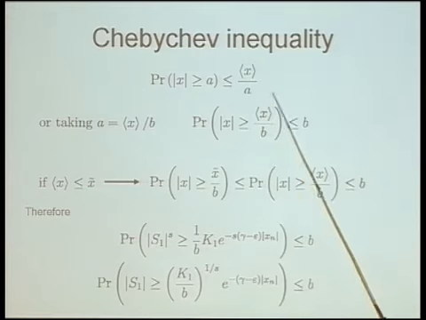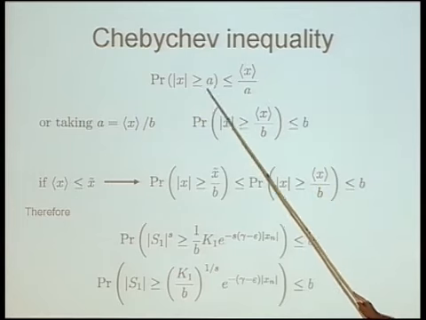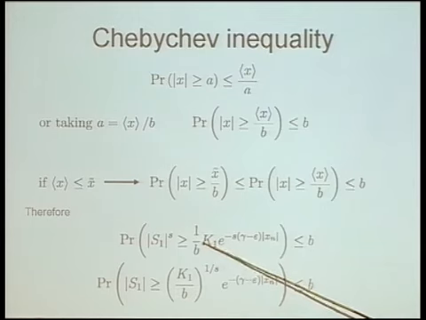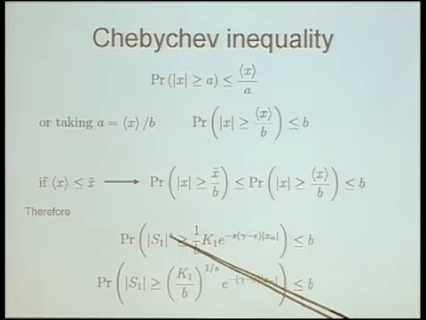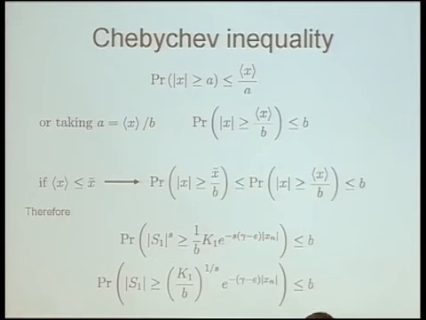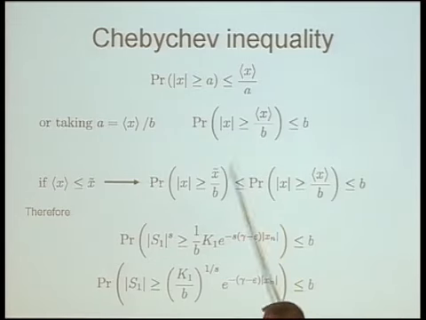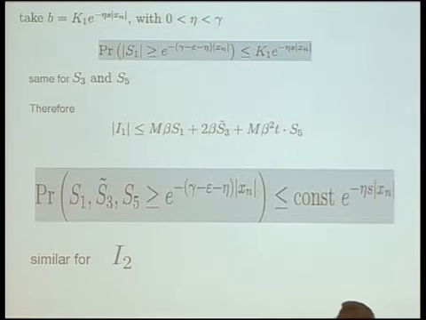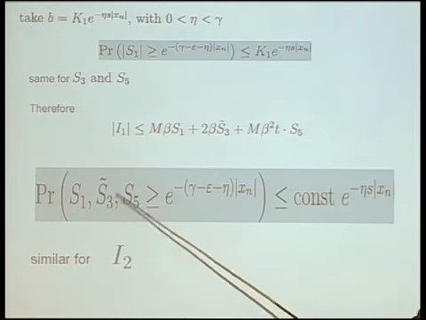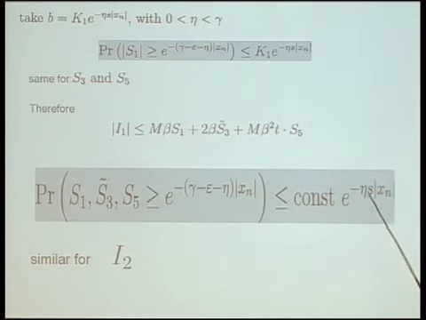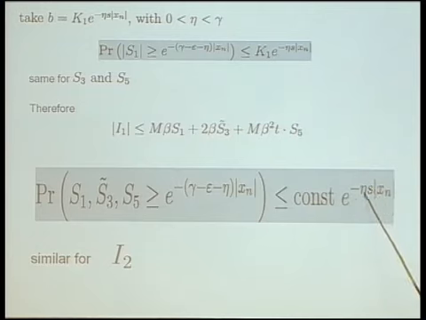You substitute the average, raise everything inside by the power s, and then choose the free parameter b that is still at your disposal, and you get in the end that the probability of all these terms involved is smaller than a constant times something that depends on eta to the s.